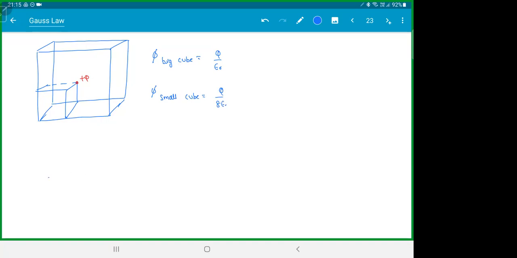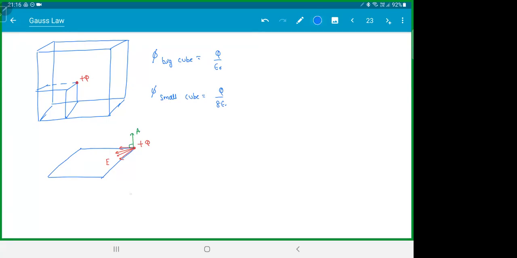Now look at this thing here. Whichever faces touch the charge, look at the field lines. The field lines are like this. How is the area vector? Perpendicular to the plane. They both are perpendicular, right?